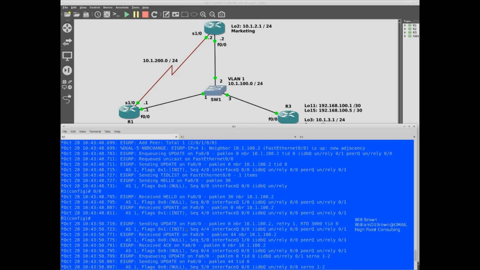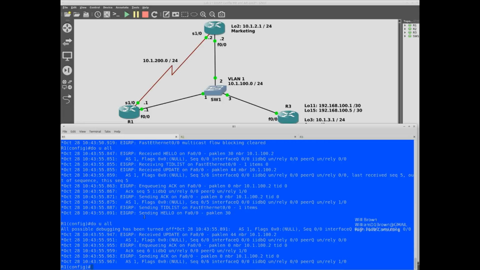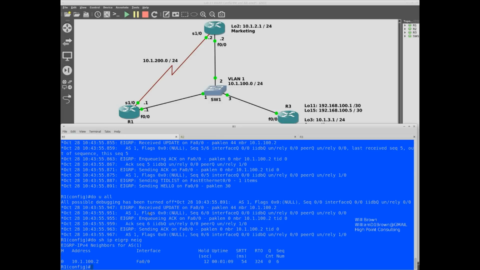The neighbor adjacency change occurs immediately upon seeing the hello messages, and then there's the exchange of data, which results in EIGRP going into a state where, if I say do show IP EIGRP neighbor, we see this neighbor here. This is the handle, the order in which the neighbor relationships come up.